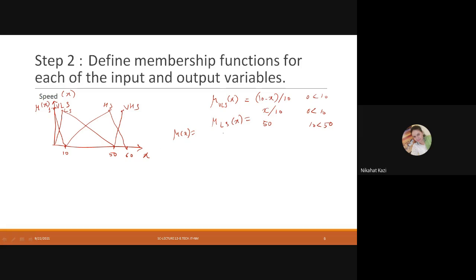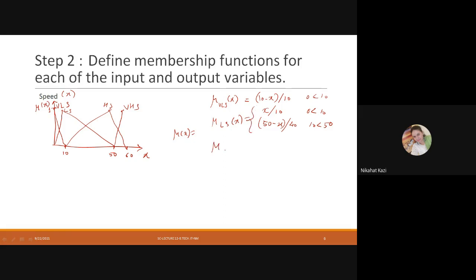Next is a decreasing function. So that is 50 minus x by what is the denominator? Equation of this line, 50 minus 10, that is 40. So 50 minus x divided by 40. So these are the two functions.